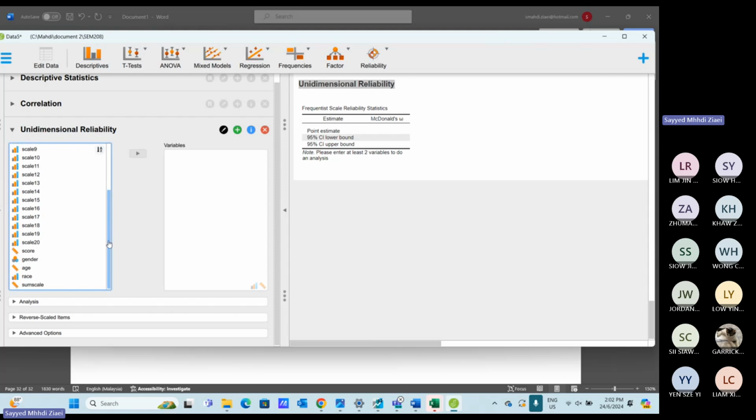So we have 20 scales. We want to find the reliability of these 20 scales. Again, take all of them.